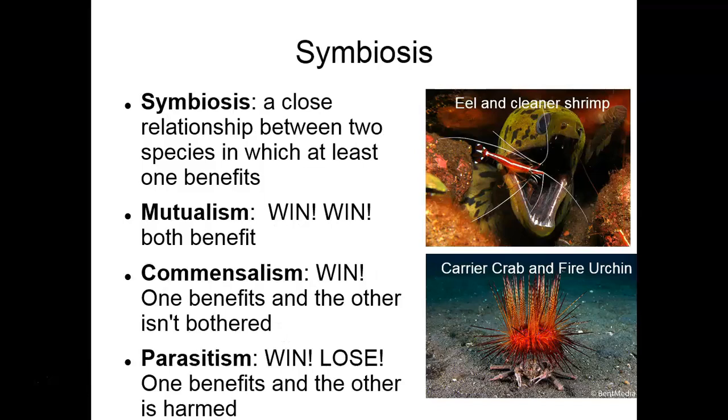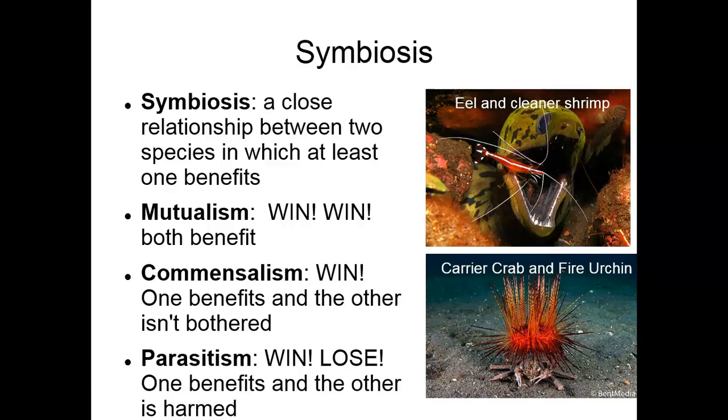So some other symbiotic relationships include commensalism and parasitism. Okay, so again, a symbiosis or a symbiotic relationship is a close relationship between two species in which at least one benefits. So mutualism, again, is a win-win relationship in which both of the individuals benefit from the relationship. So we saw, for example, the coral and the zooxanthellae exist in a mutualistic relationship in which they both benefit.